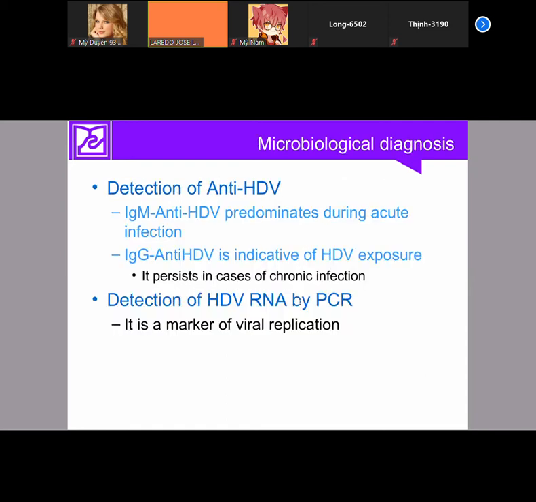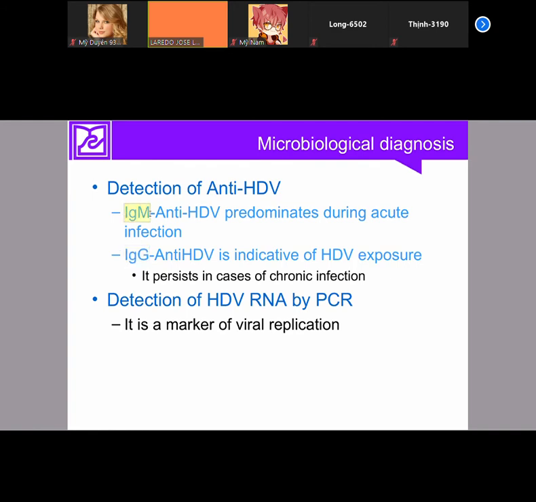How can we make the diagnosis of hepatitis D virus? Using the same methods as hepatitis B virus. Serology, so detection of antibodies against the delta antigen. And we can detect IgM or IgG. Remember, this is from the second class.